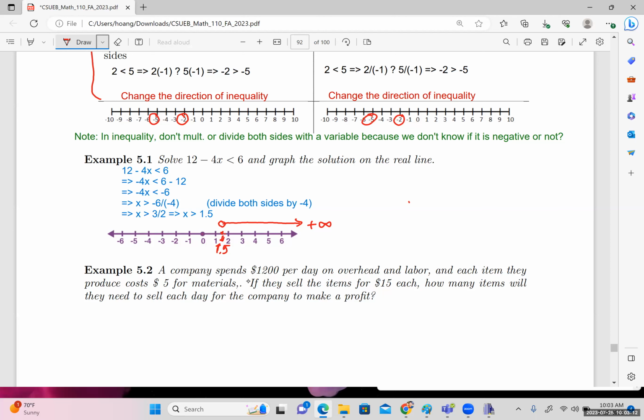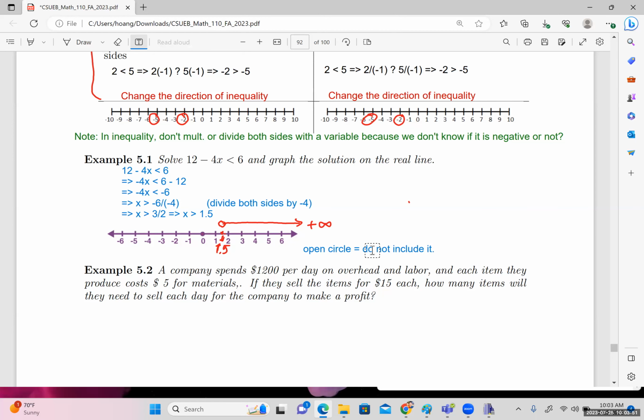Open circle means do not include it. So in this case, as you can see, I do not include 1.5.